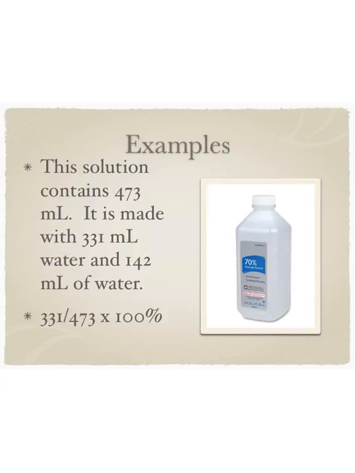So if you took 70% of that, it'd be 331. So if you take 331 divided by 473 and plug this in, you're going to figure out that this would be 70%, just like it says on the bottle. Sorry, the handwriting's not very good on that one. So again, you can find different things like percent alcohol, percent juice, different things that are listed on food products, that they have to tell people how strong it is so that they know.